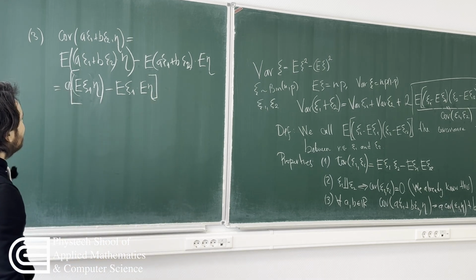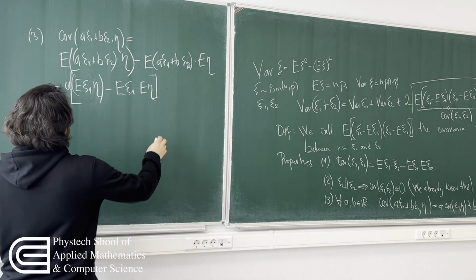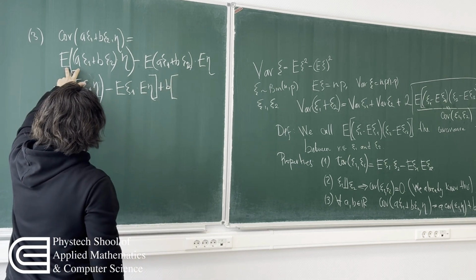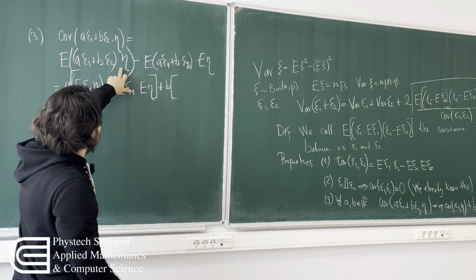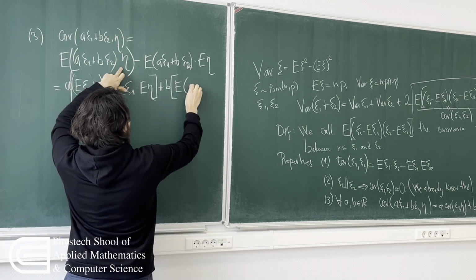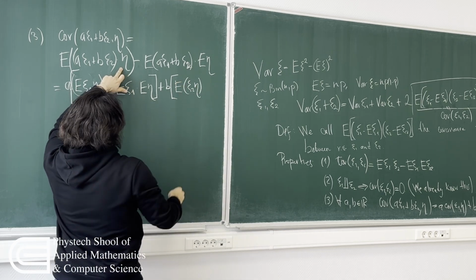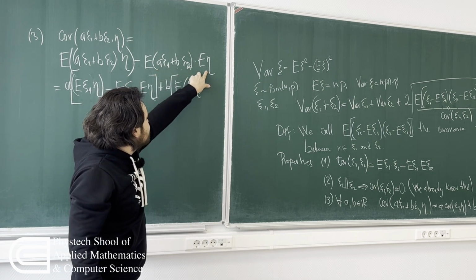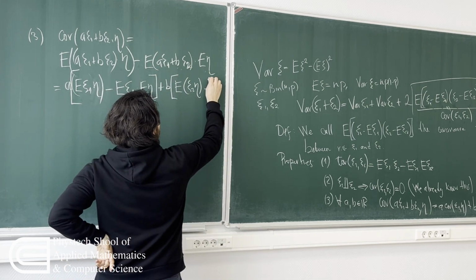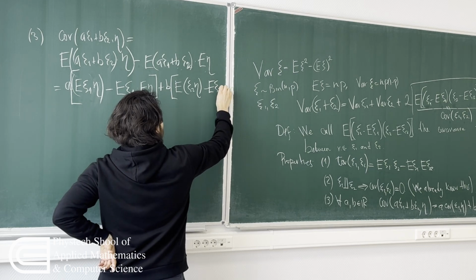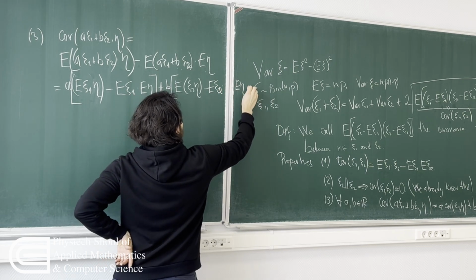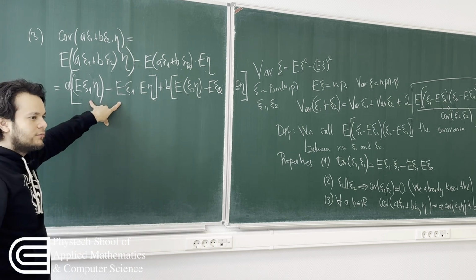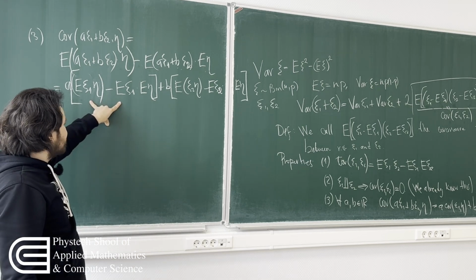And now I do the same for B. Plus B, I open brackets, and I will have the expected value of xi2 times eta minus B expected value of xi2 times the expected value of eta. And what is this? This is the covariance between xi1 and eta.